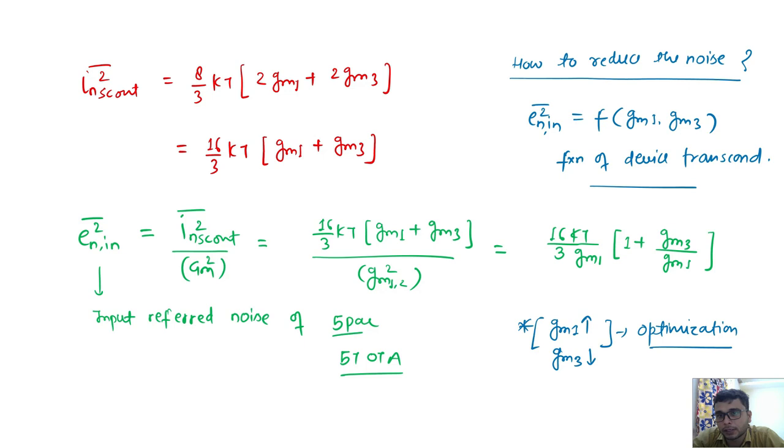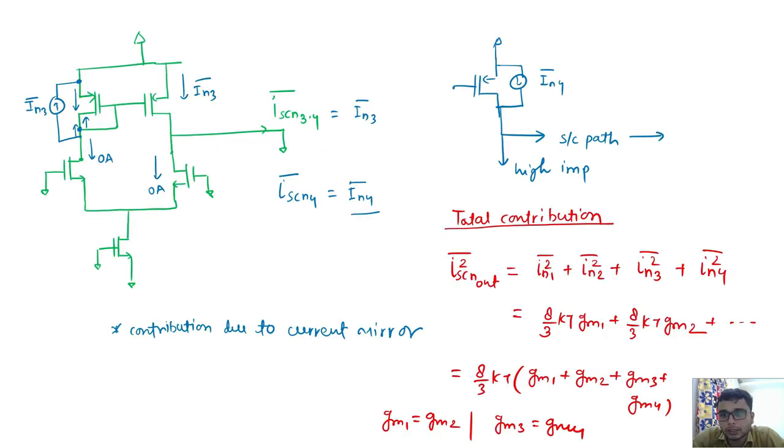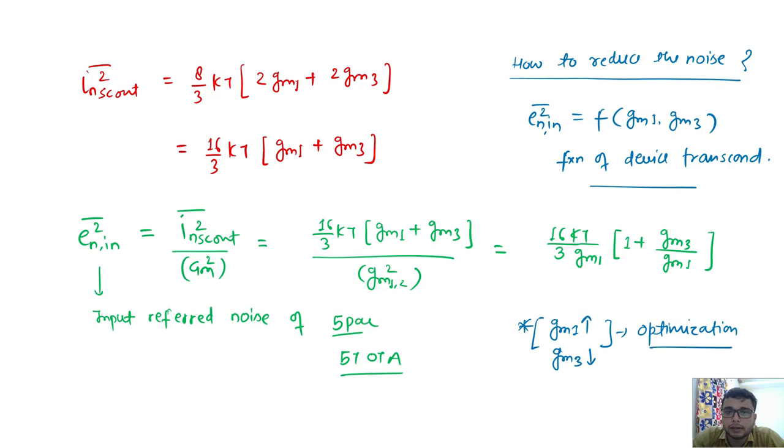So this is one way that we can analyze the noise. And how can they ask this in an interview? They may not be interested in the entire derivation, but you must have the knowledge of what trend in the design should be considered so that we can minimize the noise. So you must be aware of this expression, and how the transconductance of mirror devices and of the input pair affect your noise.